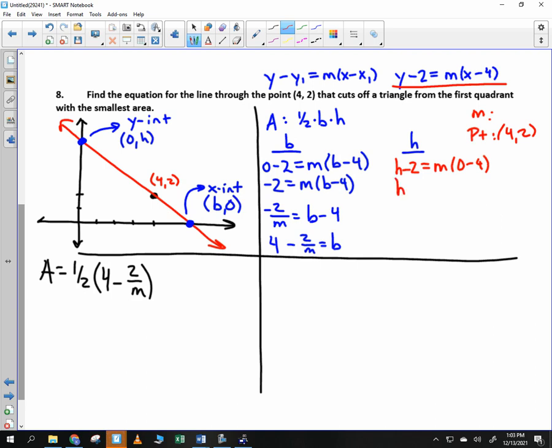Or h minus 2 is equal to negative 4m. Or h is equal to 2 minus 4m. So notice the h here, and we get 2 minus 4m.